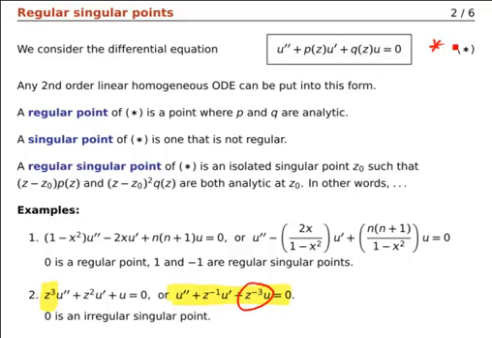This is z to the minus 3. That's got a singularity at 0, and so z0 in this notation here is 0. So if you multiply this by z squared, you get something which is not analytic. It's still got a 1 over z singularity. So 0 is an irregular singular point for the equation in example 2.